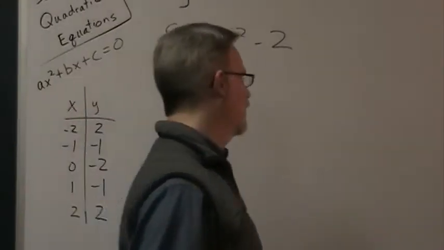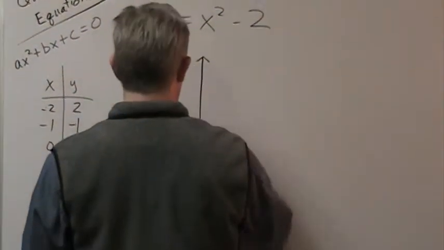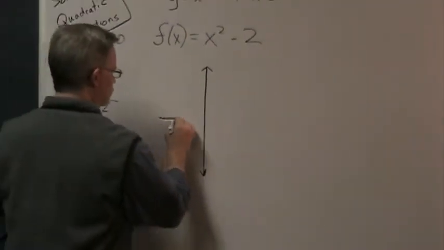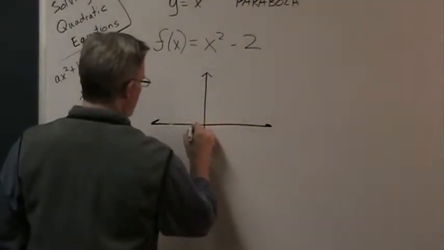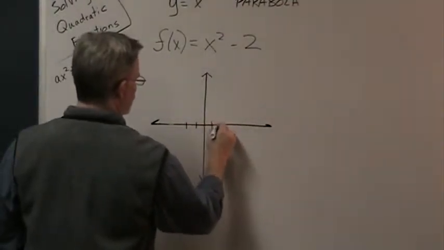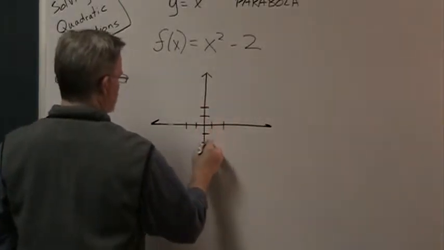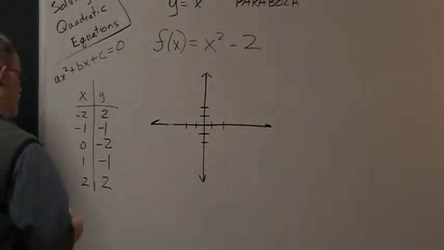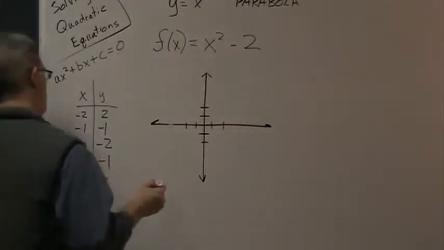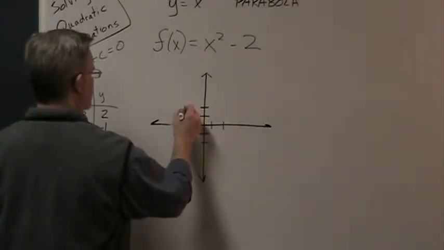So now we want to graph this. Let's write an xy graph right here. Now let's use a little bit of color. If x is equal to -2, then y is equal to 2.